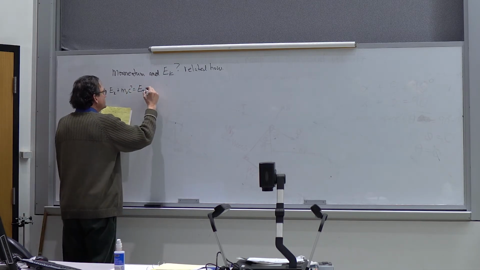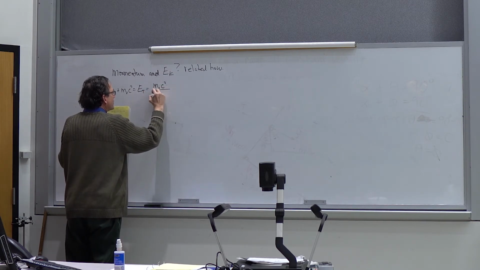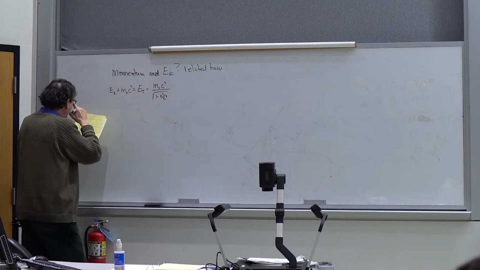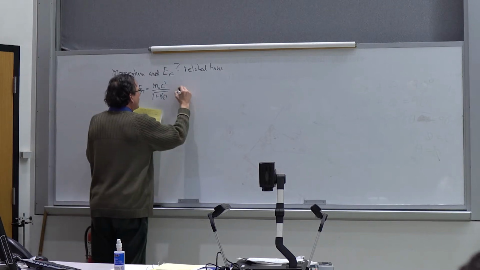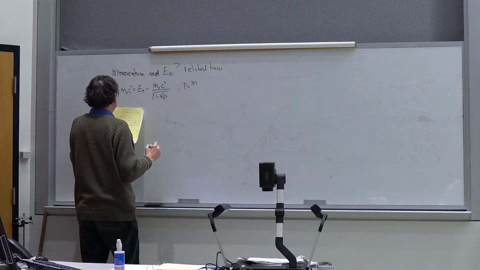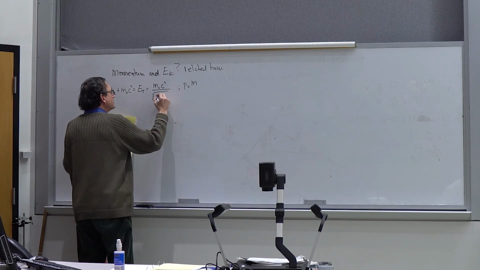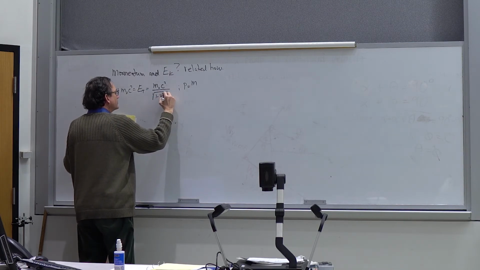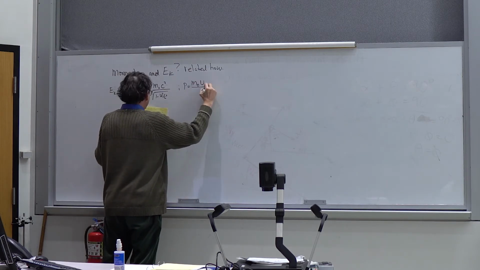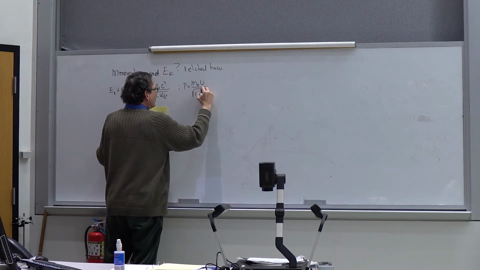And this is now equal to m naught c squared divided by the square root of 1 minus v squared over c squared. And furthermore, we know that P is equal to m naught, oh, did I miss v? Remember I said I was going to keep using u's here for particles, right? So 1 minus u squared over c squared. So this becomes m naught times u divided by the square root of 1 minus u squared over c squared.